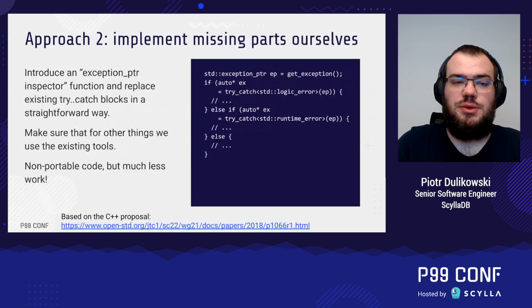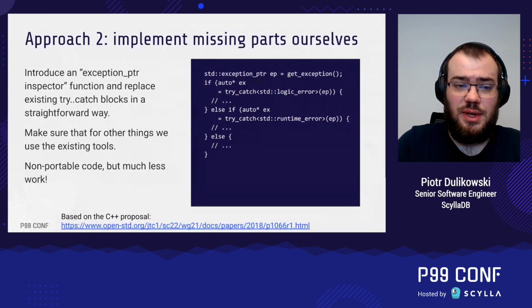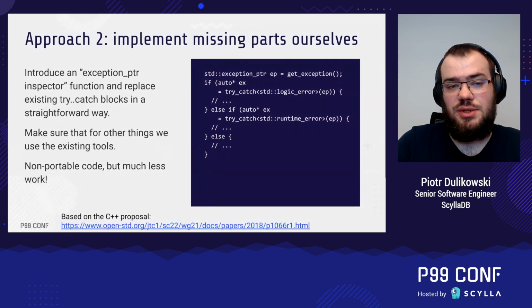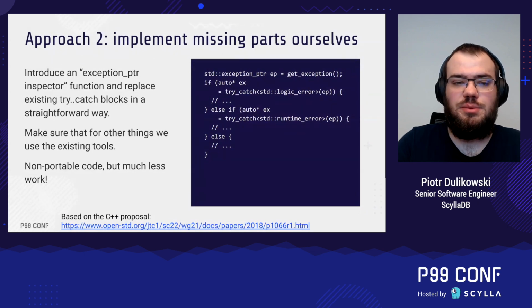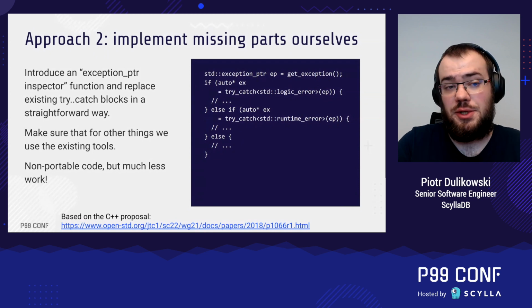The other approach that we used was to implement inspecting the value of std exception_ptr ourselves. We encountered a proposal to extend the std exception_ptr's interface, and the interface included the possibility to inspect its value without rethrowing it.